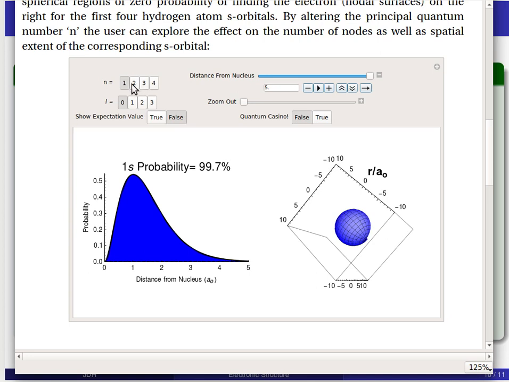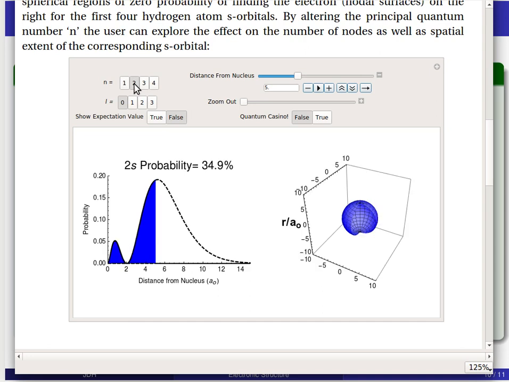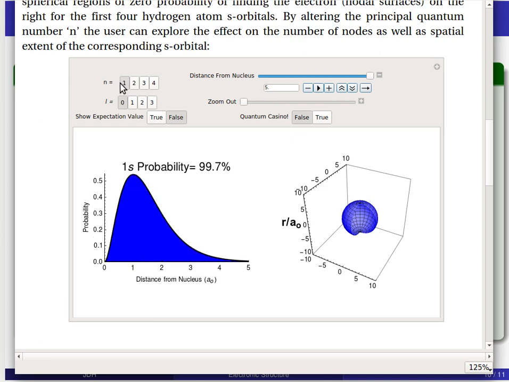We're going to go to a higher value of n and see what happens. So I stayed right there at 5 Bohr radii. But what happened? When we were at a 1s orbital, we were guaranteed to find that electron in this region 99.7% of the time.